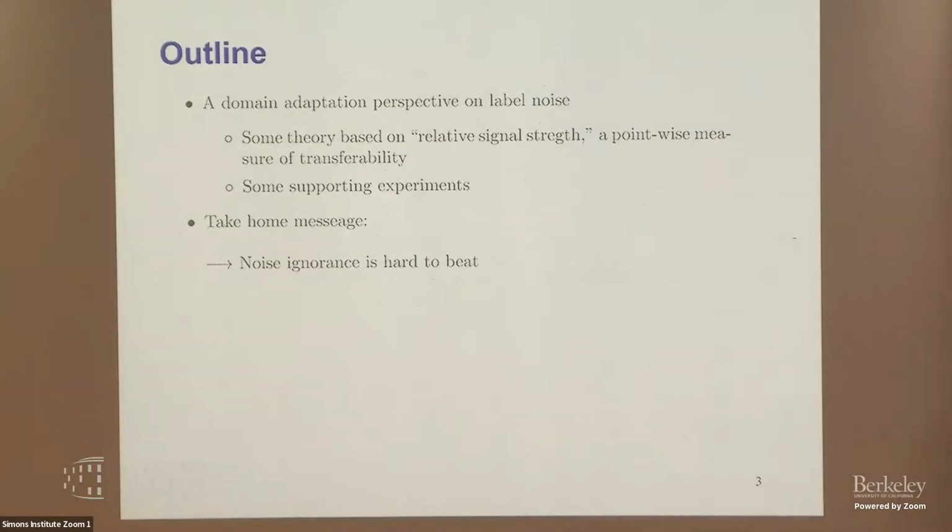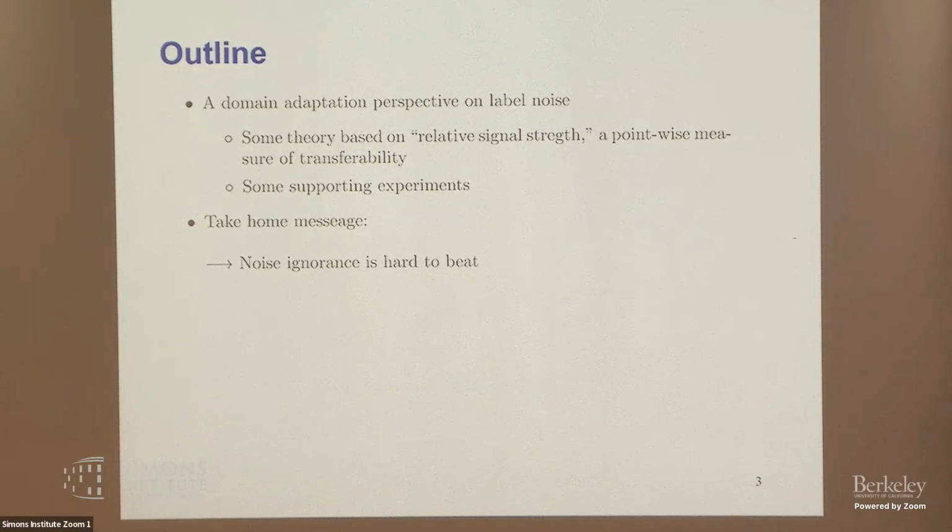All right, so the overview of today is I want to give a domain adaptation perspective on this problem. I'm going to talk about a quantity we call the relative signal strength that characterizes the difficulty of a label noise problem. It can be thought of as a pointwise measure of transferability. And then I'm also going to show you some supporting experiments.